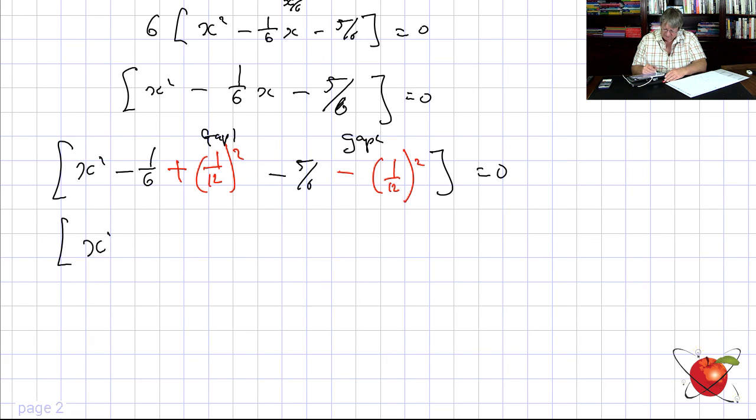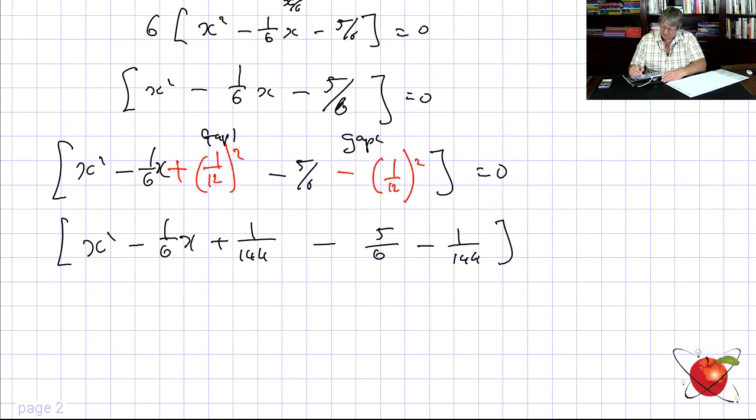So then I say, okay, multiply out, and I get x squared minus 1/6 x. I forgot my x, sorry. Okay, plus 1 over 144 minus 5 over 6 minus 1 over 144 is equal to 0. Okay, so far so good. What do I do now? Now I factorize this guy.